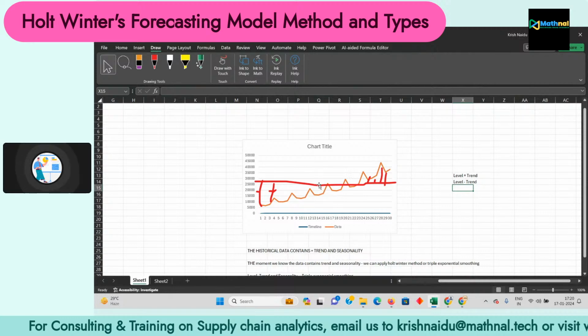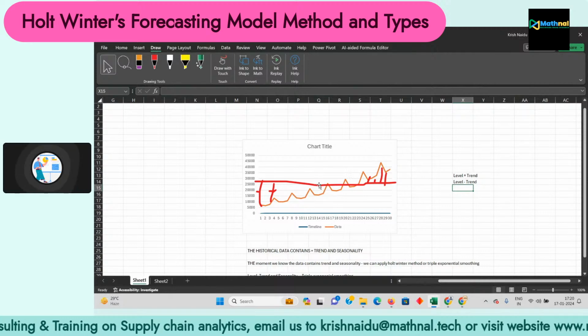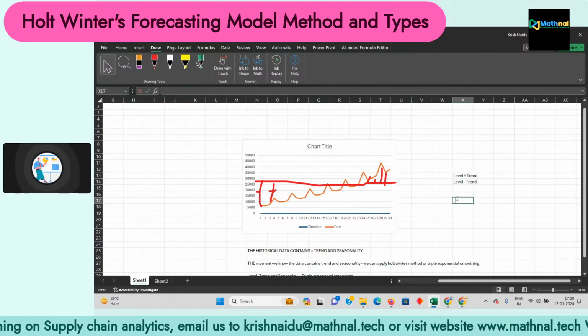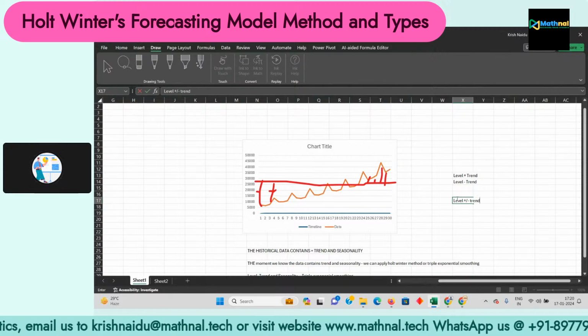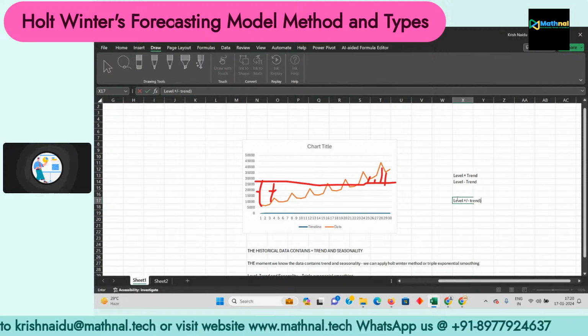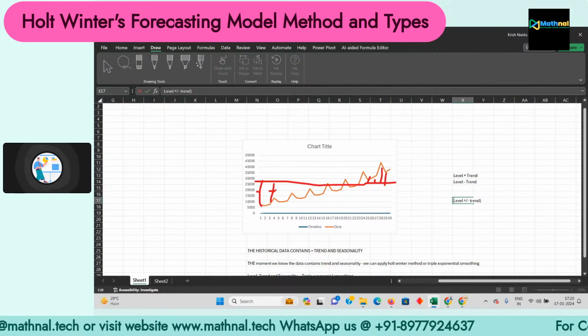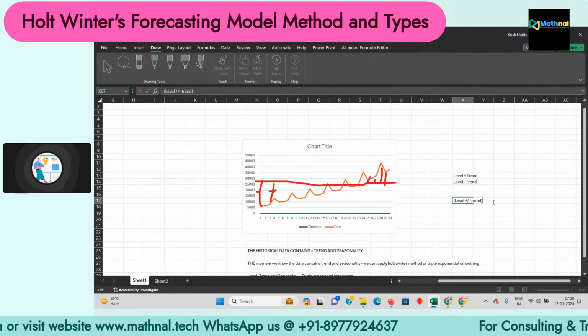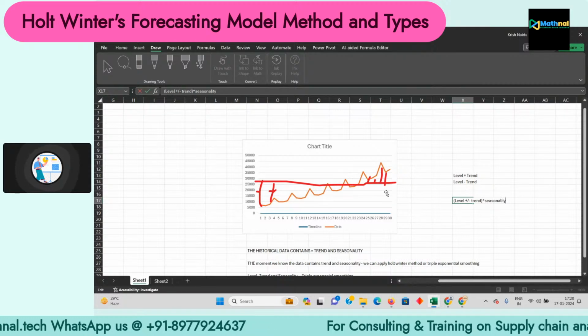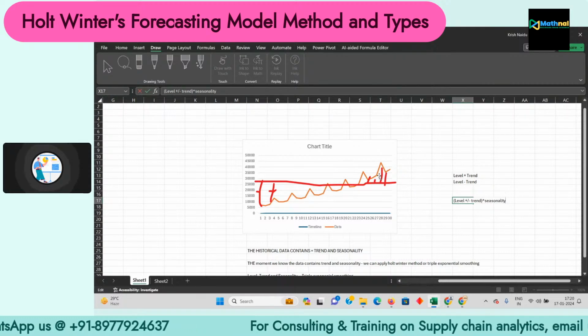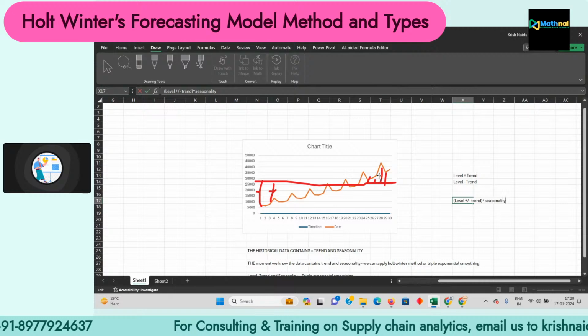So this data looks very prominent where we can use our possibility number two, that is level plus minus trend into seasonality. That's the reason why we are trying to use possibility number two, because if I add the trend on the right hand side, the level line will go up.